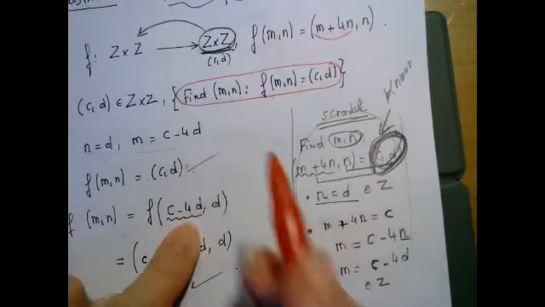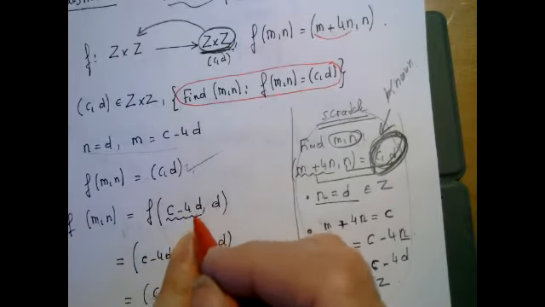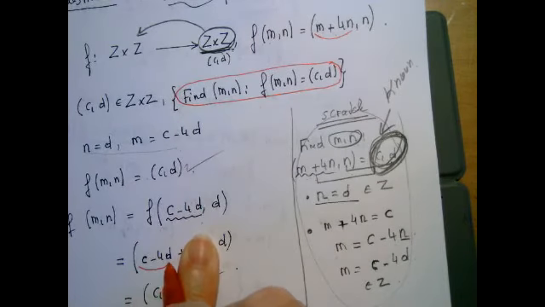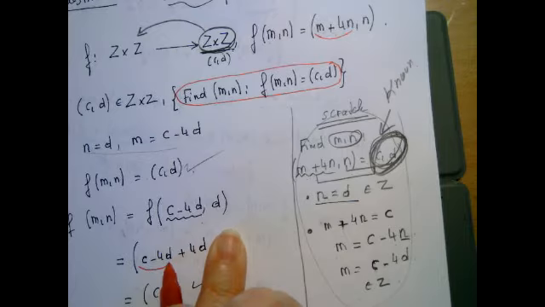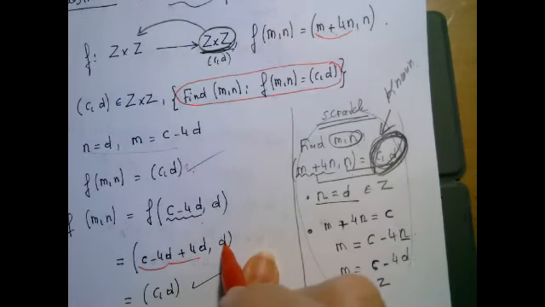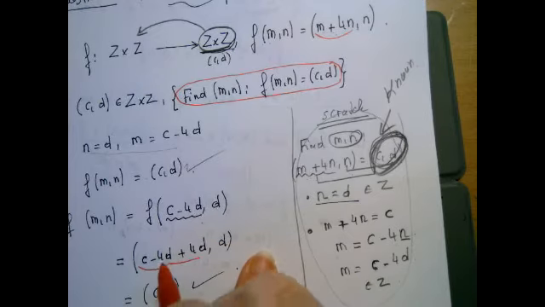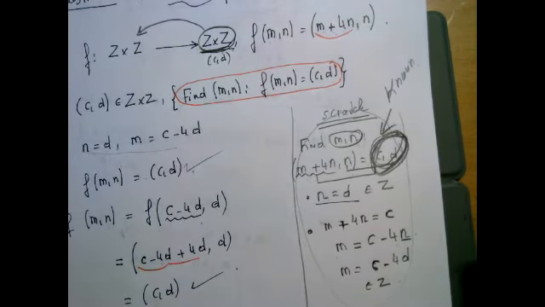So if I am right here, what is f going to do? Takes the first entry and adds to it 4 times the second. And the second one, it keeps the same. Now, minus 4D plus 4D gives me a C, and this will be a D. Does this make more sense?